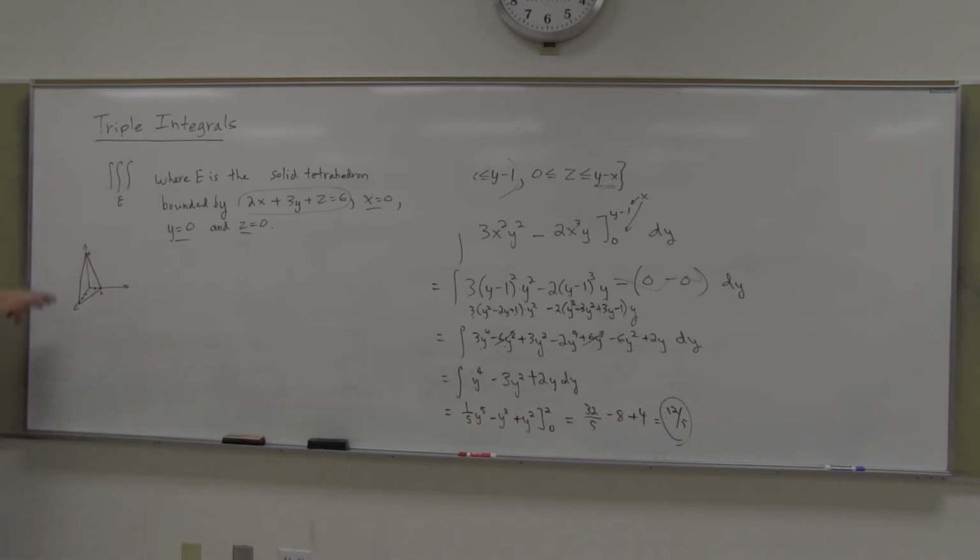Yeah, so that sets up a solid tetrahedron right there, because we're bounded by the x equals 0, y equals 0, z equals 0 planes. So yeah, we're just talking about that.